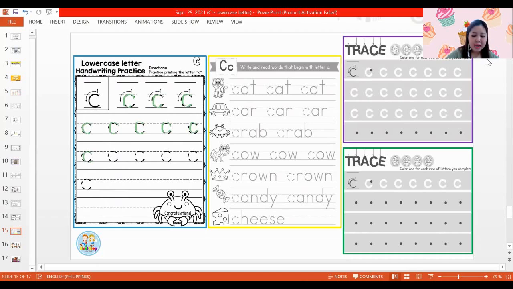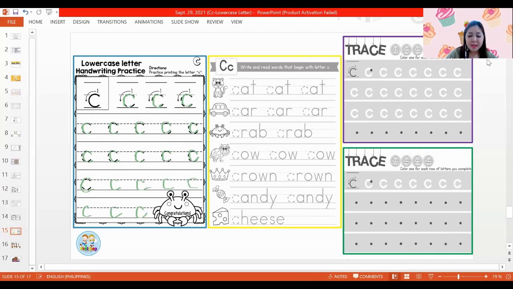Okay? If your hands are tired, you can just give them a little shake or maybe close and open your hands so that they can get rested and move a little, and you will continue with tracing and writing your letter C.